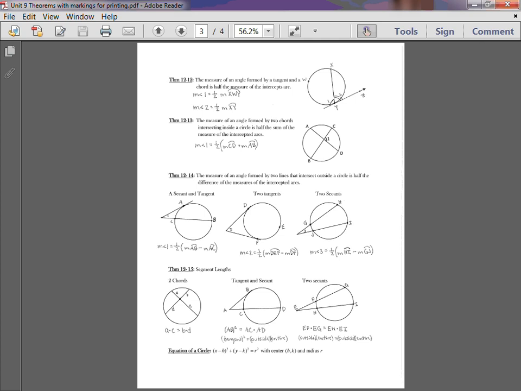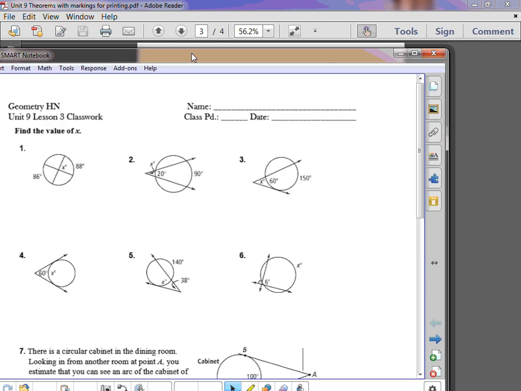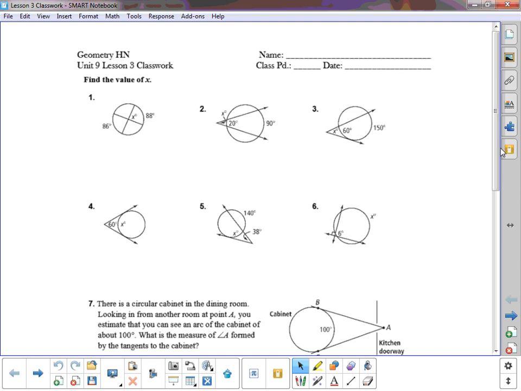Alright, I want you to take a look at number 11 on this classwork that I just passed out. Now we're going to work on it right now.